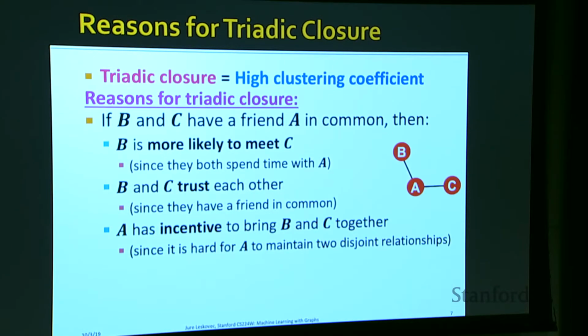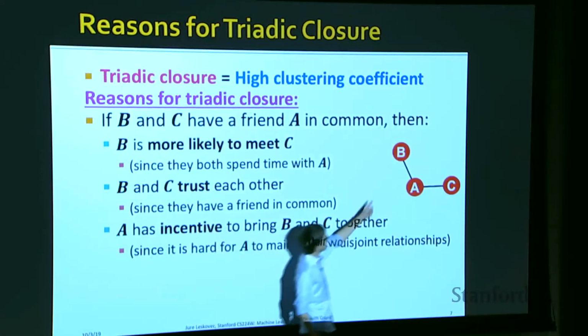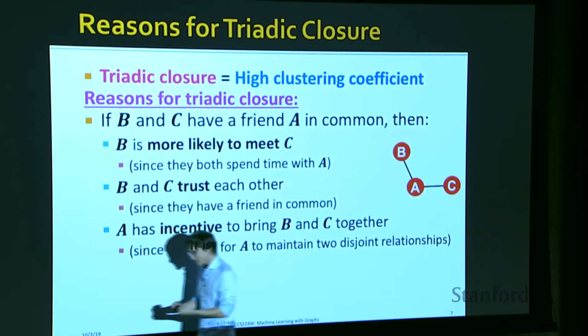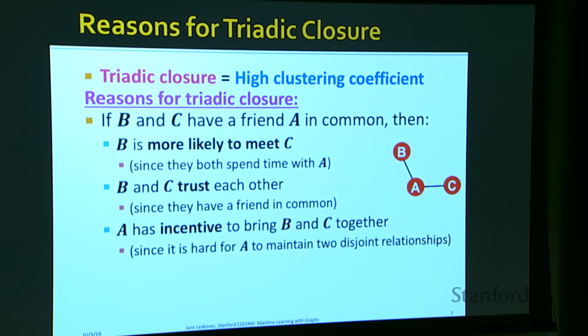So the point is that this triadic closure in networks, which basically means that people who have a friend in common are more likely to create connections, is very pronounced in social networks. For example, if A and C have a friend in common, B, why should they create a connection?